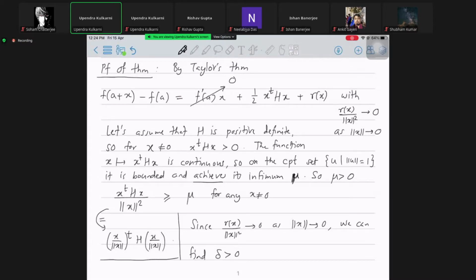We can find delta greater than 0 such that this quantity r of x divided by norm of x whole square, its absolute value, is less than, let's say, mu by 2 when norm of x is less than delta.